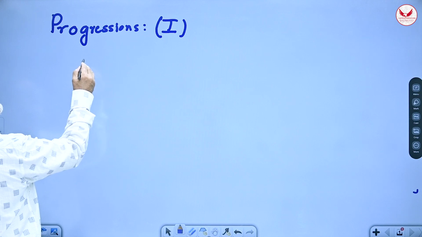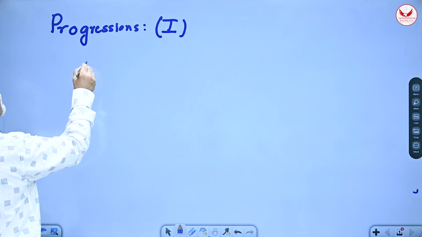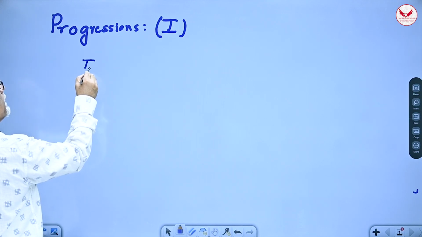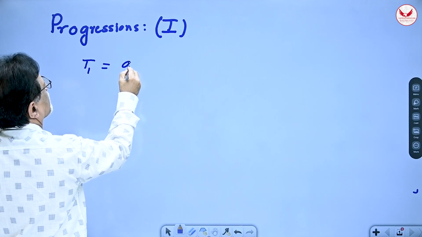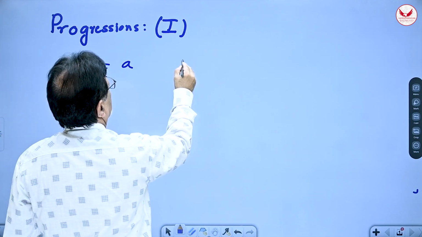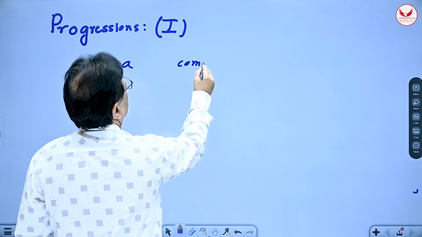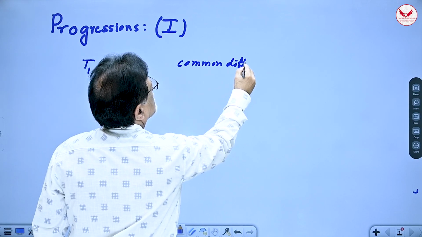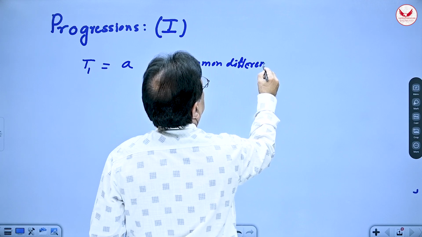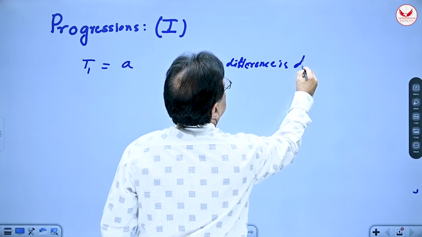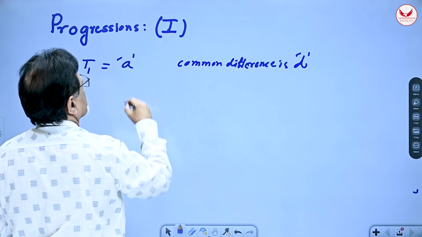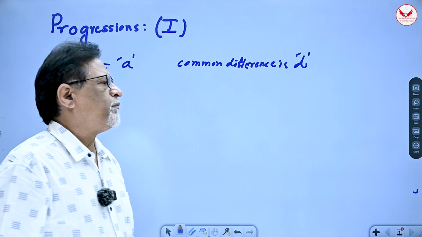We need the number to start with, denoted by A, and actually it is T1. So T1 is always equal to A, and the common difference is D. So there are only two numbers required: the first term and the common difference.